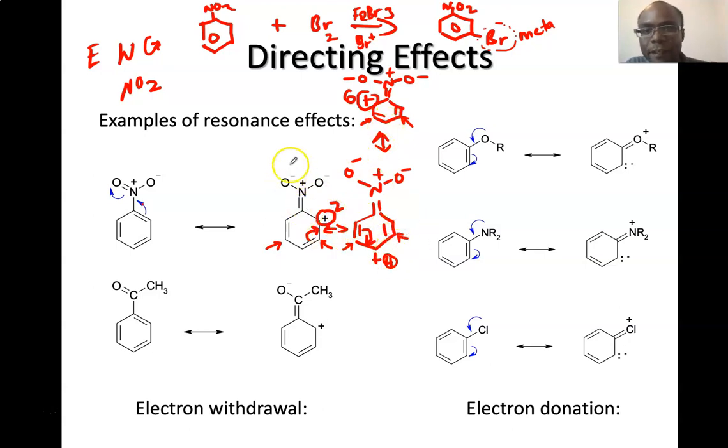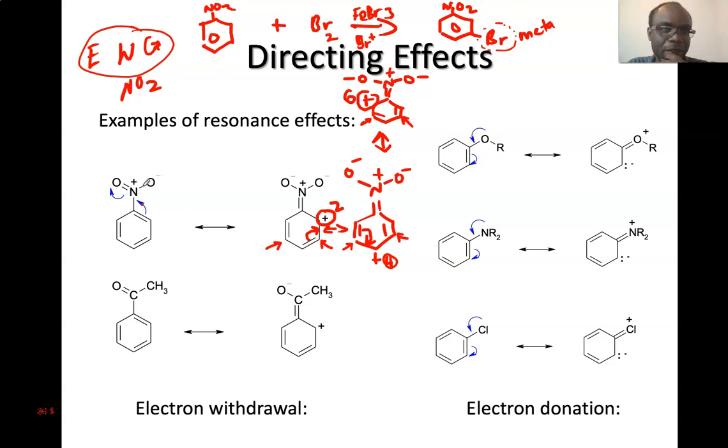So that's why the electron withdrawing groups direct the Br or the electrophiles to position 3 and 5, because whenever you have electron withdrawing groups, the plus sign will always be on position 2, 4, and 6. The electrophile itself is positively charged. It won't want to go where the plus sign is on the benzene ring.